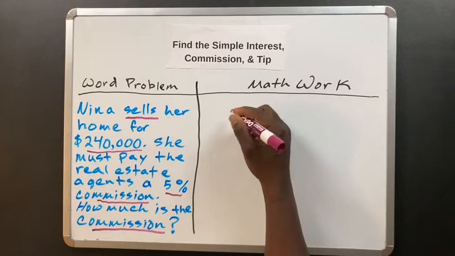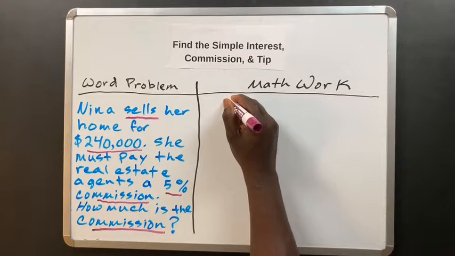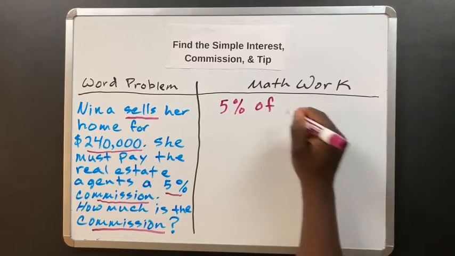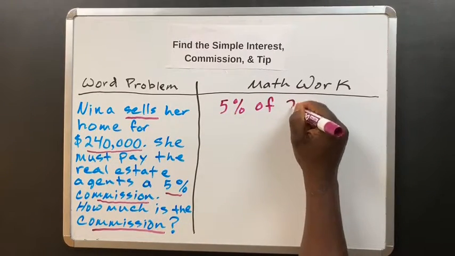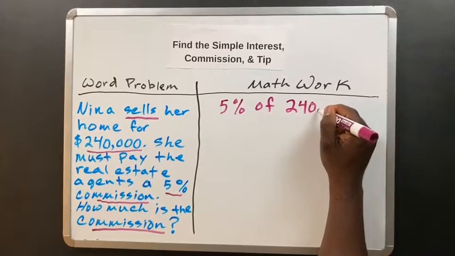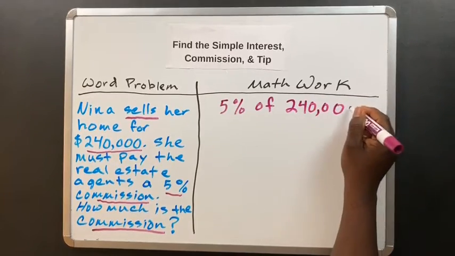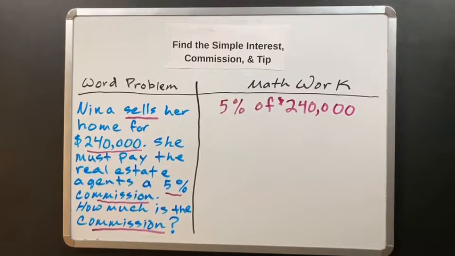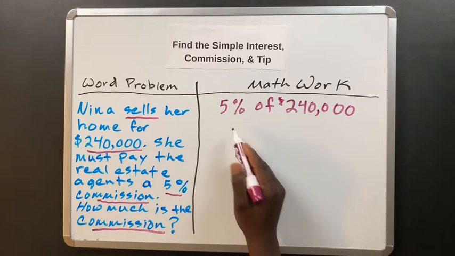So we're just going to write it like this. 5% of $240,000, right? So that's a way to simplify the question and the problem. So what we need to determine is what is the number.